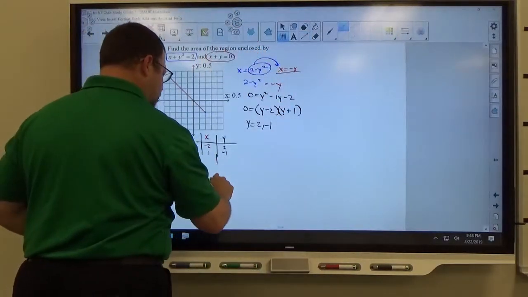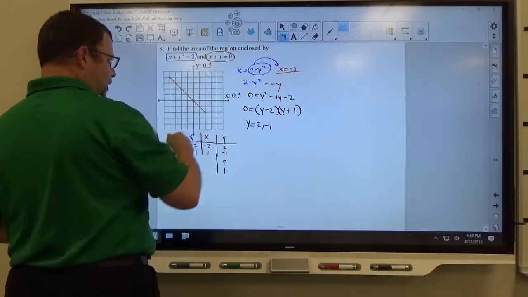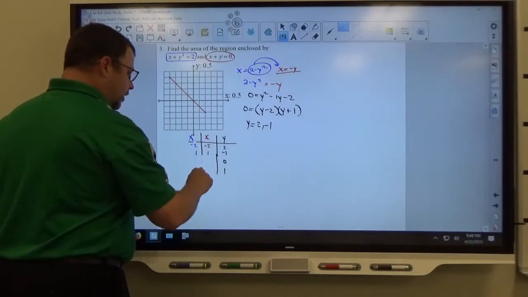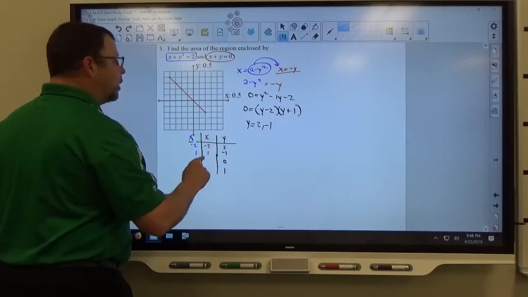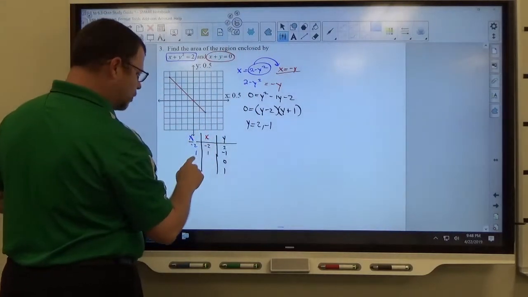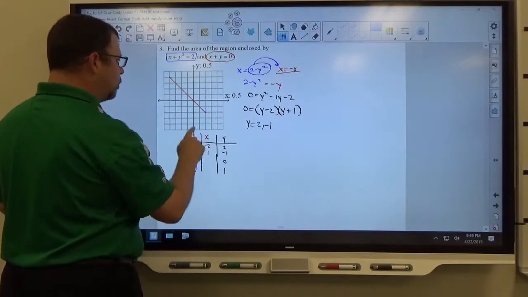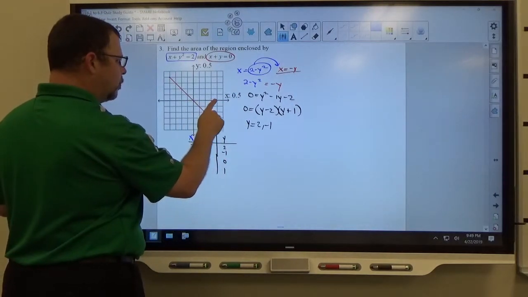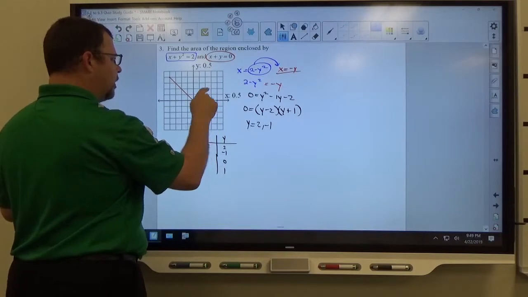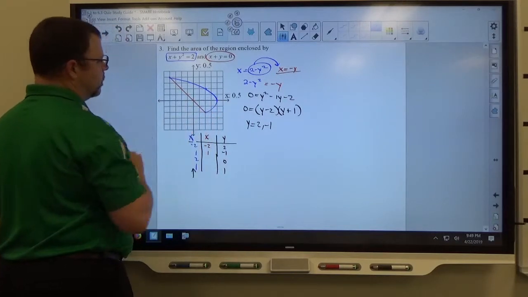Let's pick y equal to 0 and 1, just a couple more numbers on that range from negative 1 to 2. If I put 0 in, 2 minus 0 squared is 2, and 2 minus 1 squared is 1. So we get 2, 0 and 1, 1, and that gives me a decent looking parabola that looks like so.